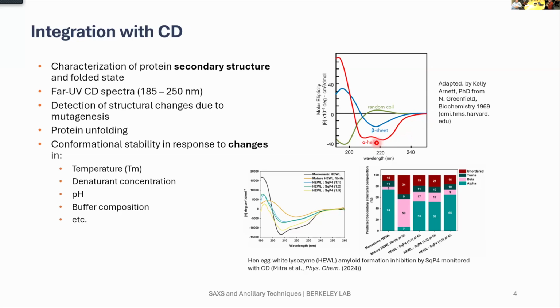We can also monitor different changes in composition of secondary structure, like how protein behaves under different temperatures, pH, or how small molecules can change the secondary structure composition of your protein. And here is a small example for lysozyme amyloid formation.